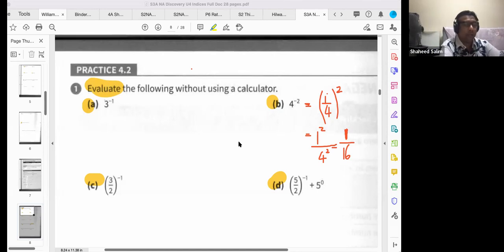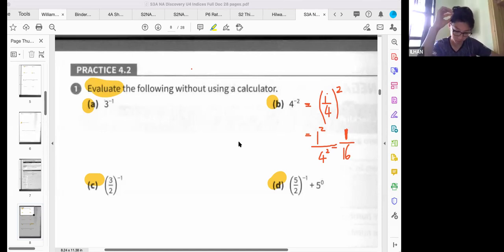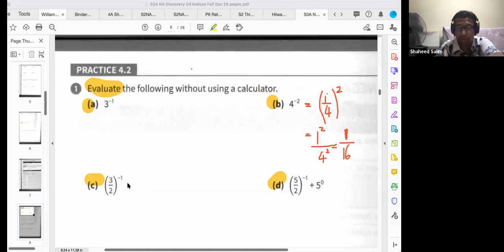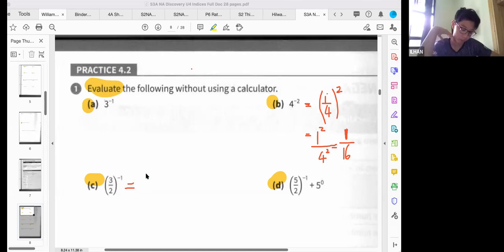How your answer was C, yeah? Or 1 over 6. 1 over 4, 6 for C, is it? Okay, tell me what do you do? I did the same thing as your method, like just now, like expand.